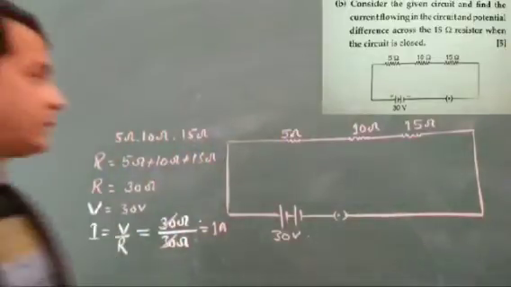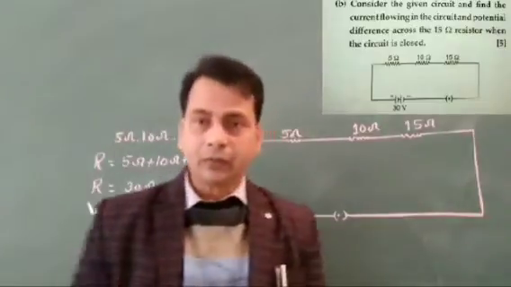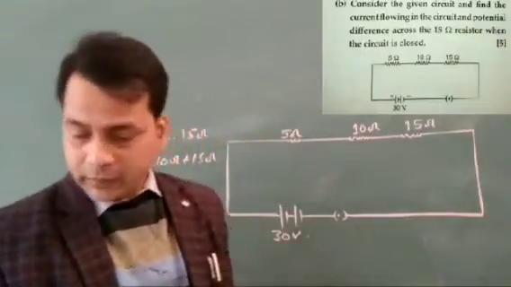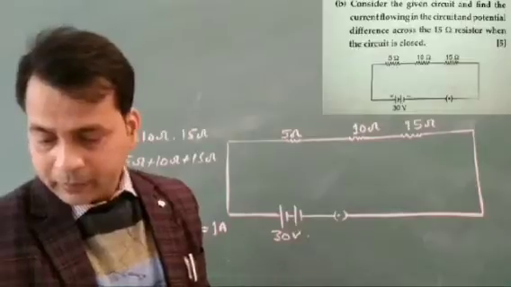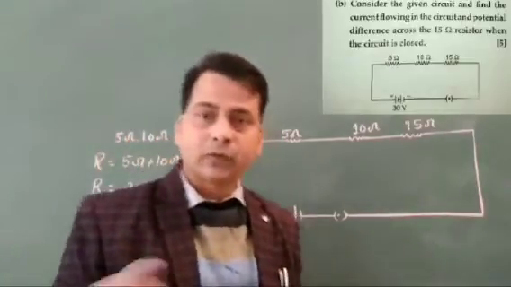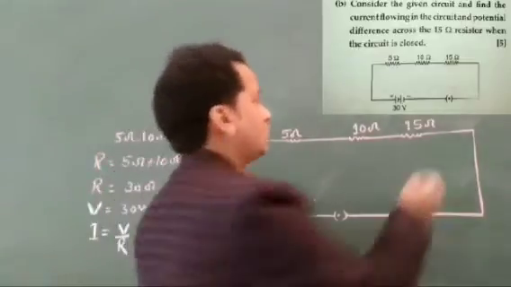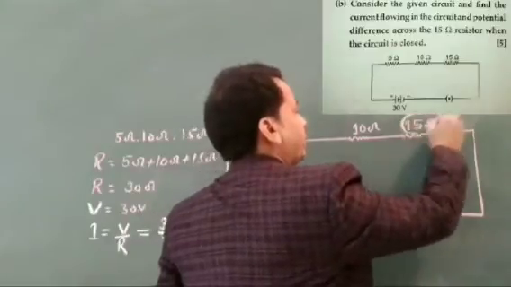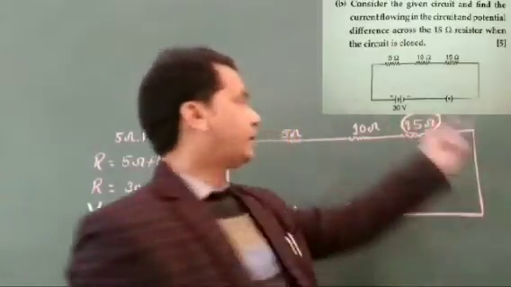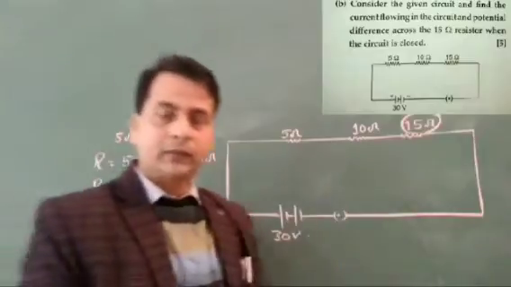Now, the potential difference. According to this question, what is the potential difference across the 15 omega resistor?